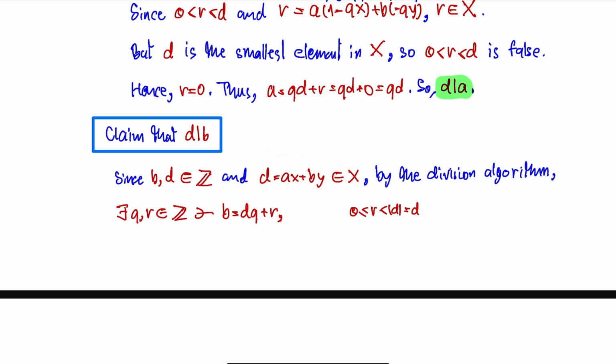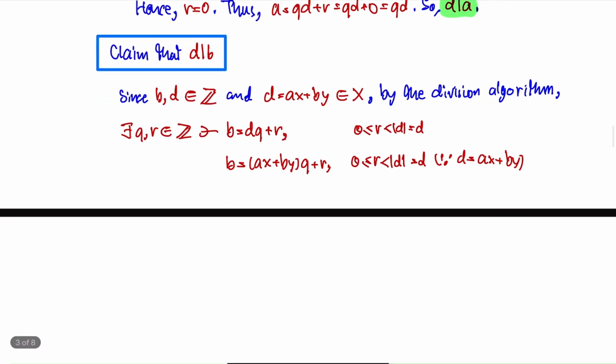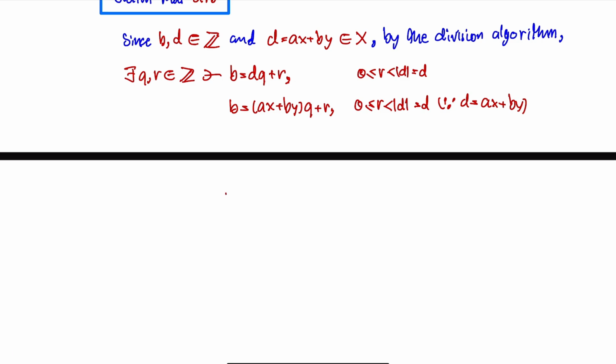So we have b equal to ax plus by times q plus r, where r is greater than or equal to 0 and less than the absolute value of d, which is d. We plug in d equal to ax plus by and write the equation so that r is the subject. So we have r equal to b minus ax plus by times q.